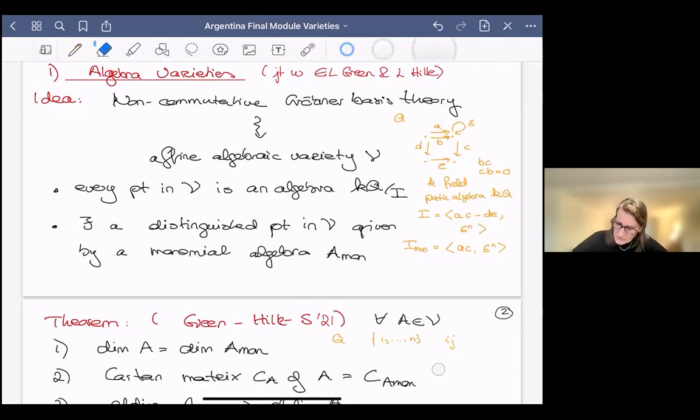And it turns out that inside one of our varieties, all the Cartan matrices are equal, and in particular, they're equal to the Cartan matrix of this monomial algebra.